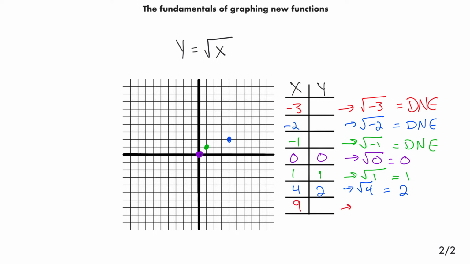The number after that would be 16, then 25, then 36, then 49, then 64, then 81, then 100, 121, yada, yada, yada. It's just the perfect squares. Square root of 9 is equal to 3. So we're going to go right 9 and up 3. And this is the graph of the square root function.